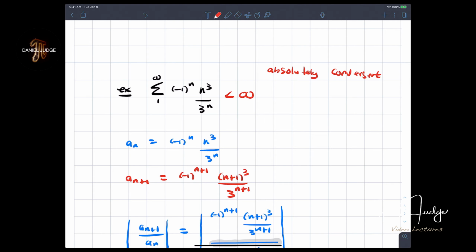I should say convergence without the absolute value. That's what that means. So this original series, we know this converges. So it's another test for convergence, but it's directly testing for absolute convergence, which implies convergence.